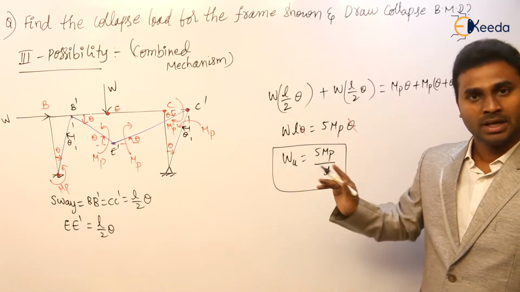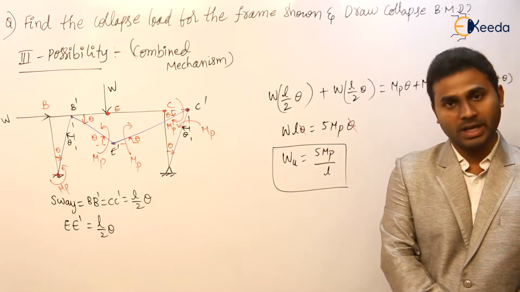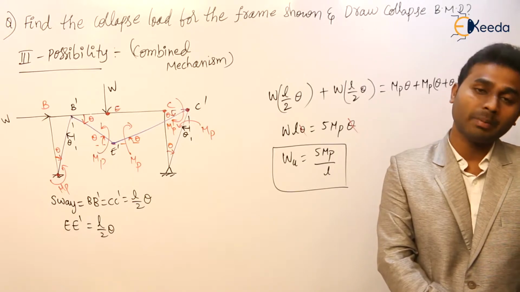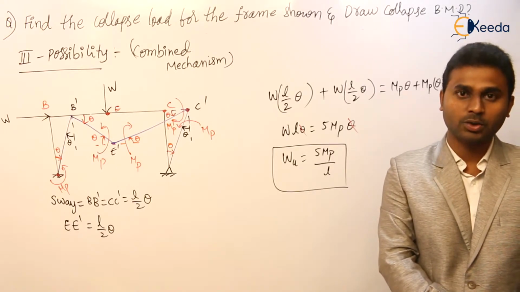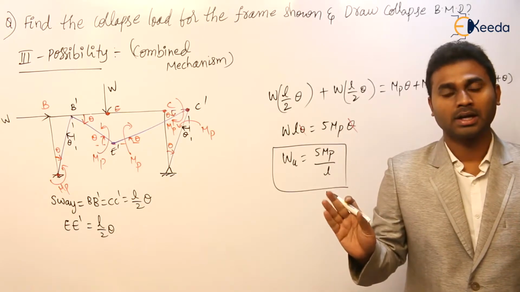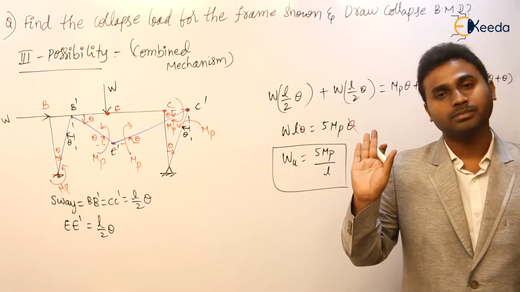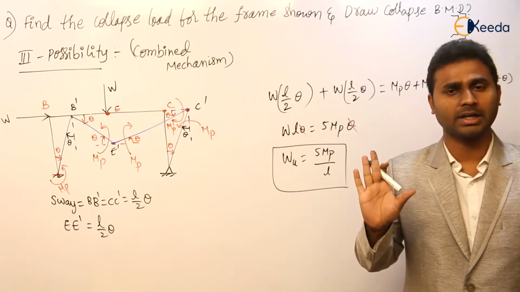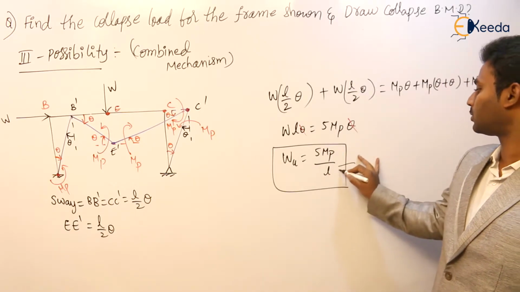So as I said, if a given frame is swaying, simply go for calculation of collapse load in the combined mechanism, because we are going to get the true collapse load in the combined mechanism if a given frame will sway. Clear? That is a concept you should remember. You can take it for granted. So this is the true collapse load.